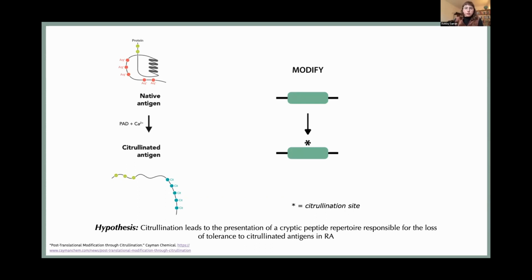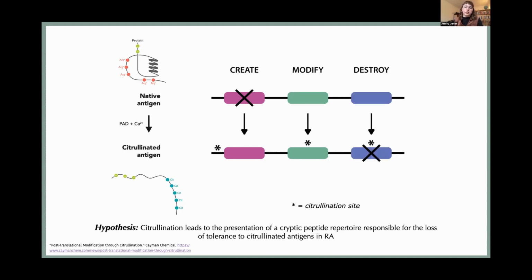But there's another way that you can generate neo-epitopes, and in this case, cryptic epitopes, which would be the creation of new peptides that were not previously presented from the native antigen. This can occur through changes in proteolytic cleavage or in protein folding, basically releasing and allowing the presentation of a completely unique peptide.